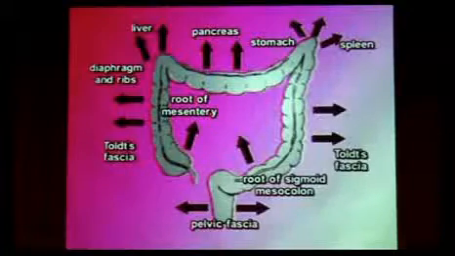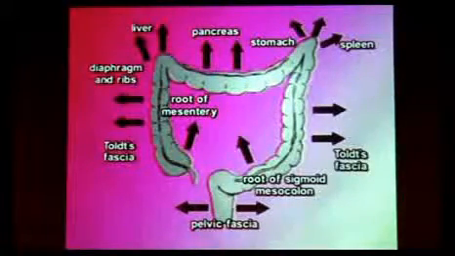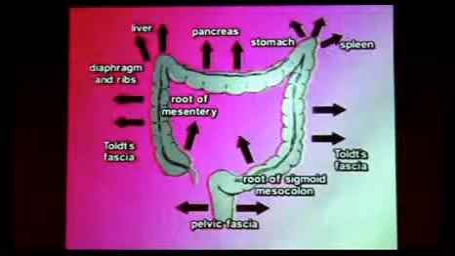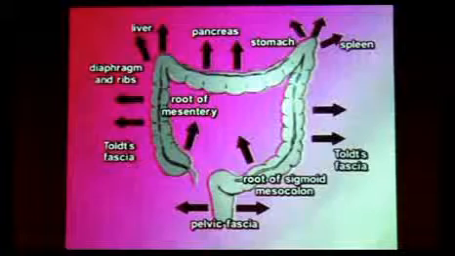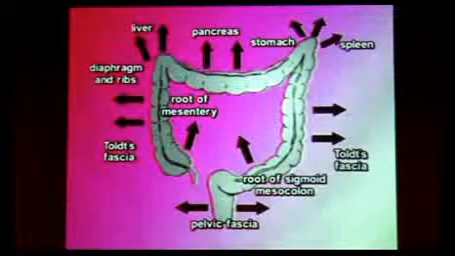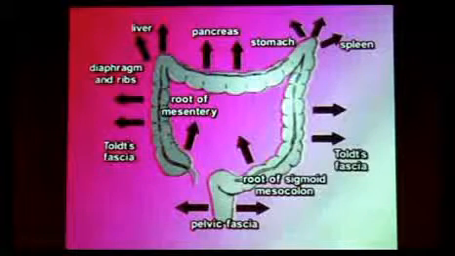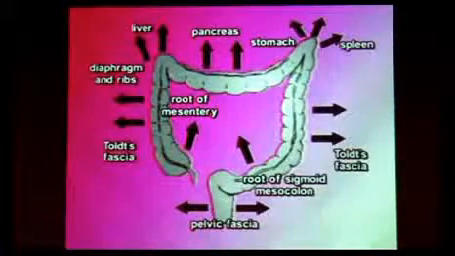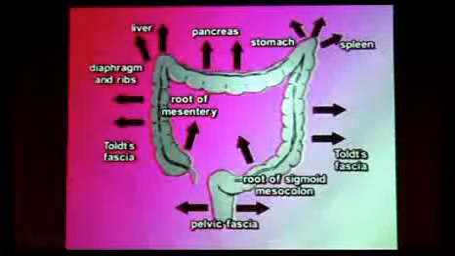Here is a very important one. This is a diagram showing the large intestine's attachment to the anterior abdominal wall. The only loose part is the transverse colon. The rest, the ascending colon and descending colon, actually have kinks here where they attach at the splenic flexure and hepatic flexure.